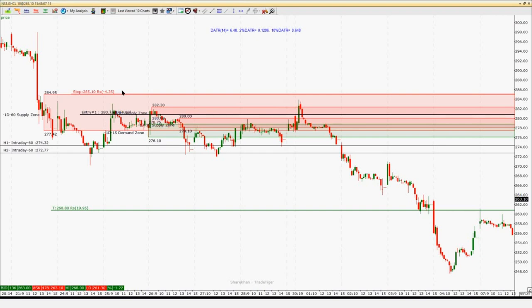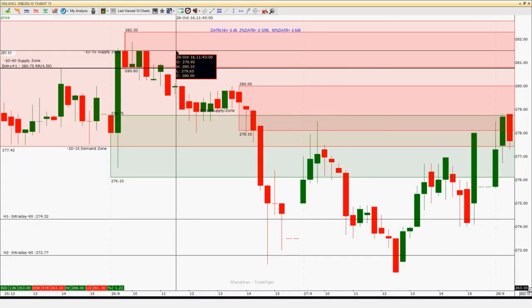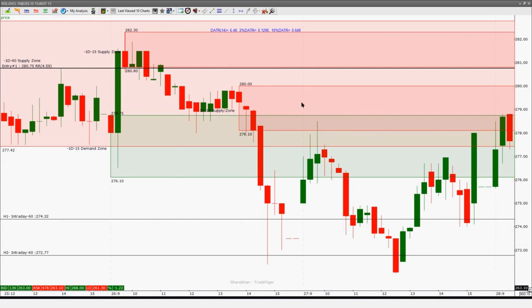Like in this case, the above one was the source of engulf, and this was the origin of the engulf. So if they are not the same, and at the same time, if I want to be in the trade very quickly, I may take an entry in the source of engulf, but my target will be reasonable, 2:1 or 3:1.